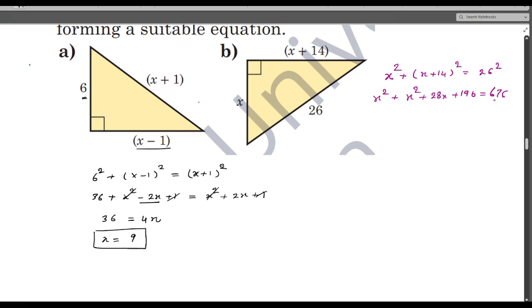So 26 square is 676. Okay, now here x plus 14 square, I use the identity a plus b the whole square. A plus b the whole square is what? A square plus 2ab plus b square.